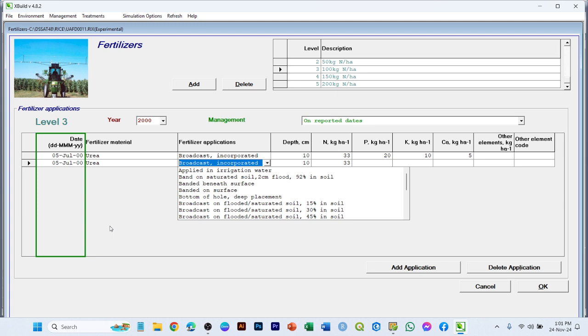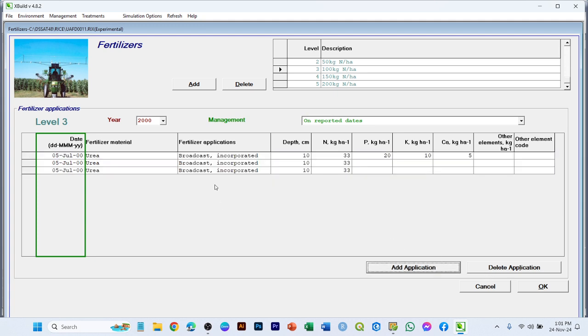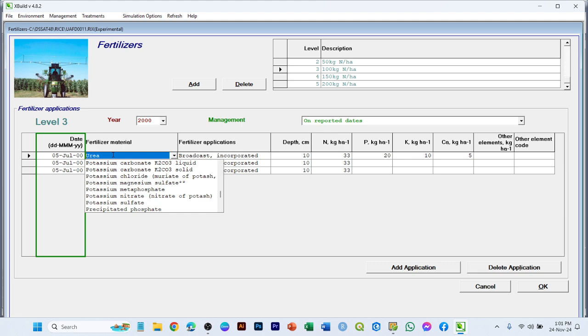So you have to add another application, with the same date. Now phosphorus. Instead of urea, you have to scroll down.